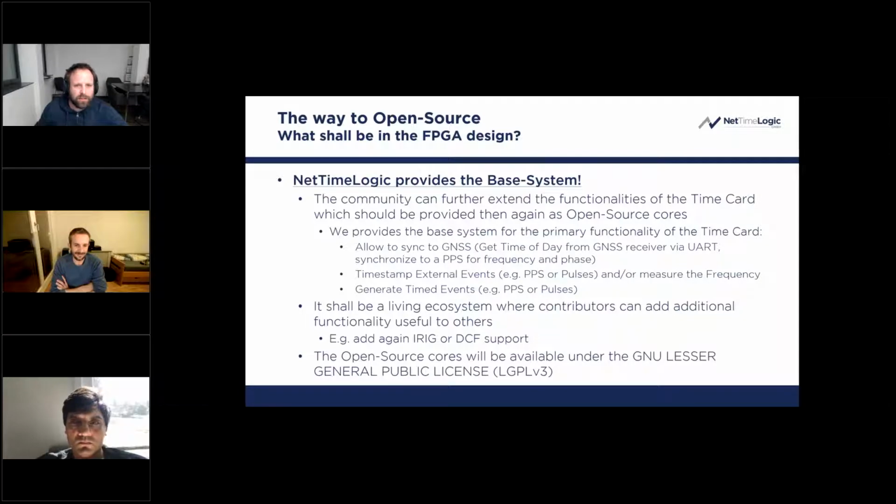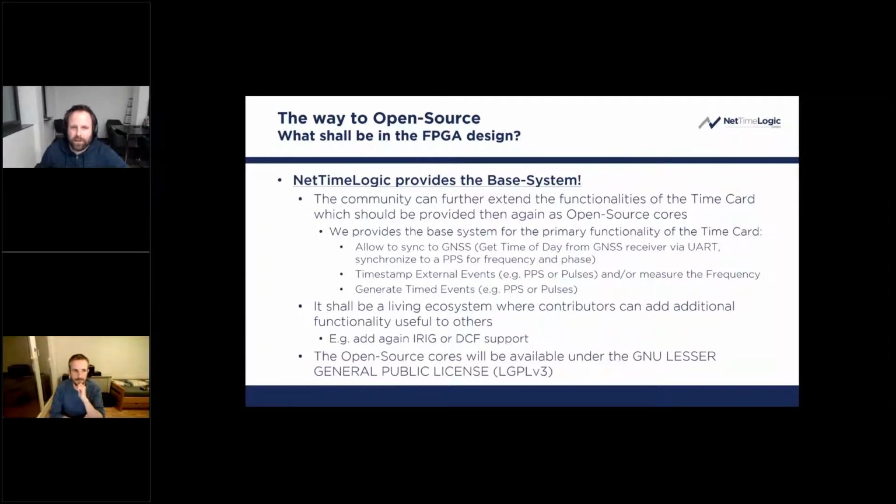What the base system shall provide is the primary functionality of the time card. It shall allow synchronizing to GNSS via UART, the serial stream from a GNSS receiver, for the time of day, and then having the PPS for frequency and phase adjustment. As well, time-stamping external events or pulses like PPS, and measuring frequencies, and on the other side, going for outputs, generating timed events, again pulse per second or pulses.